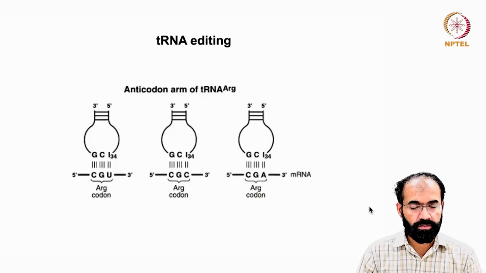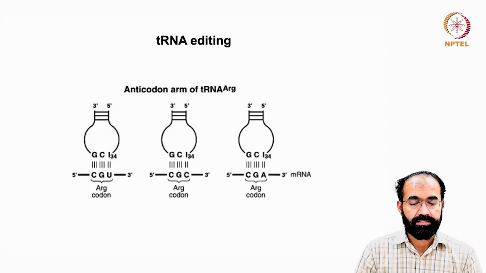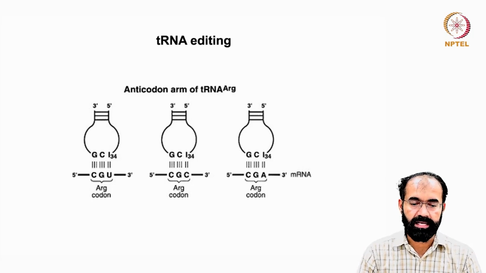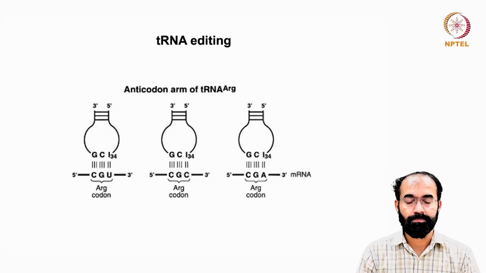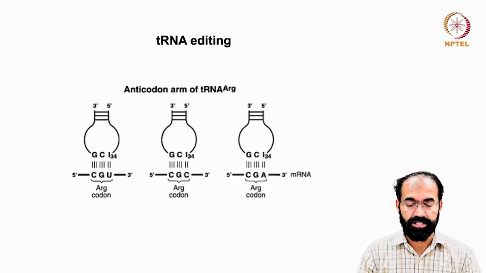We also saw that changes in the anticodon part of the tRNA, as you can see here, allow you to cater to the maximum number of codons with a minimum number of tRNA genes. So this is an advantage.